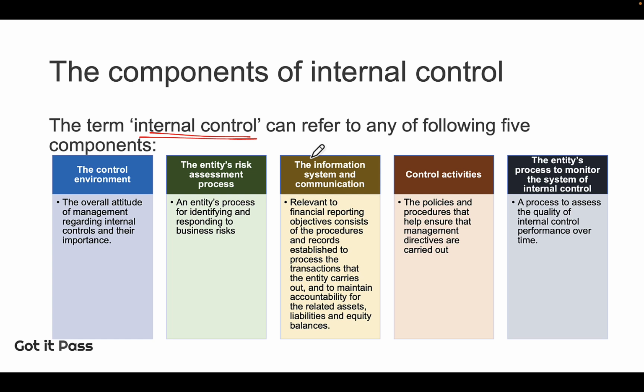We don't know. So there should be a process to assess the quality of internal control performance over time to ensure our internal control systems are up to date with the changes of business environment, because it's a dynamic world. We have to ensure our internal control systems are updated.